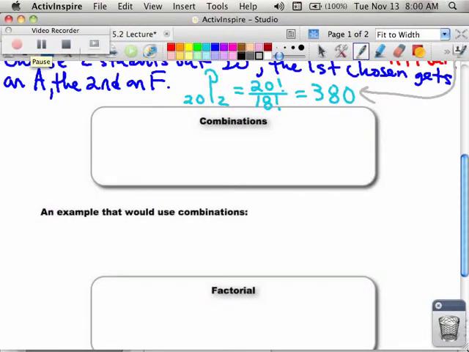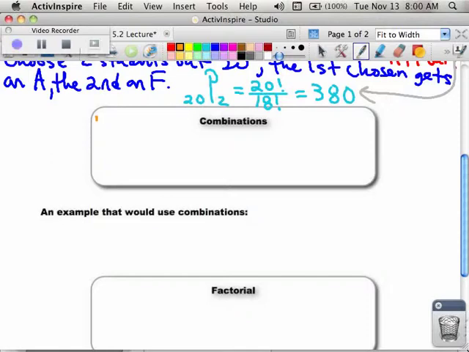So combinations is very similar to permutations. The only difference is that in combinations, the order does not matter. If I'm going to select two people at random and I don't care what order I take them in, and then I give them a B, for example, two people are going to get a B, and I don't care which order I pick them in, then you use combinations.